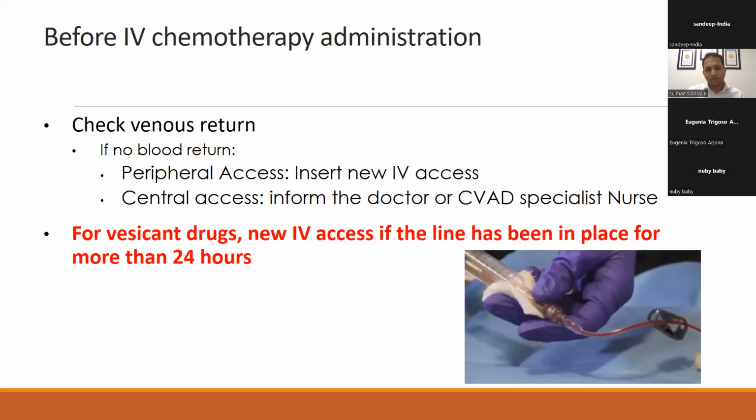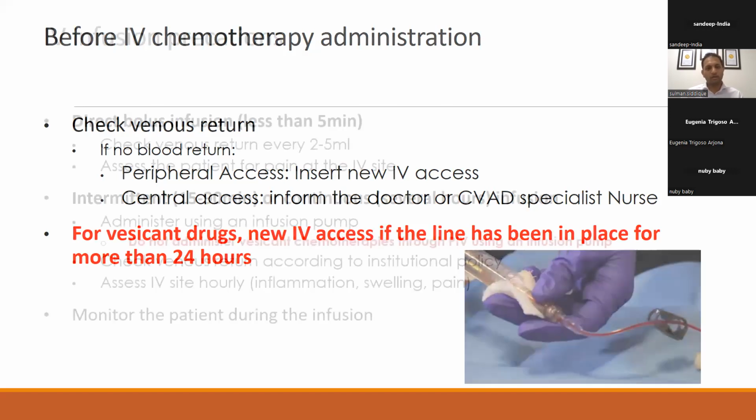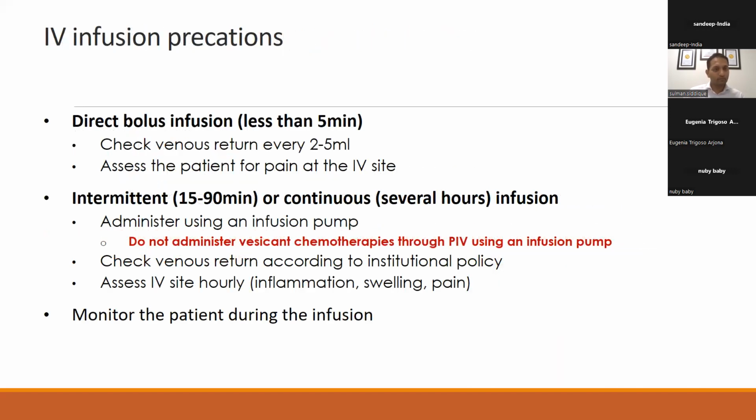For vesicant drugs, use new IV access if the line has been in place for more than 24 hours. This is the standard. So mainly, always check for blood return before administering IV chemotherapy. Some more precautions. If you're giving direct bolus infusion, which is less than 5 minutes, then you should check blood return after every 2 to 5 ml of the bolus infusion.